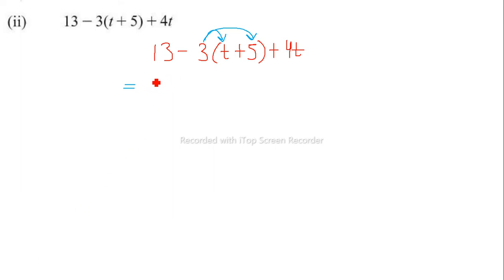So that's 13 minus 3t. 3 times t is 3t, and a negative and a positive is negative. What is 3 times 5? That's negative 15. Plus 4t.